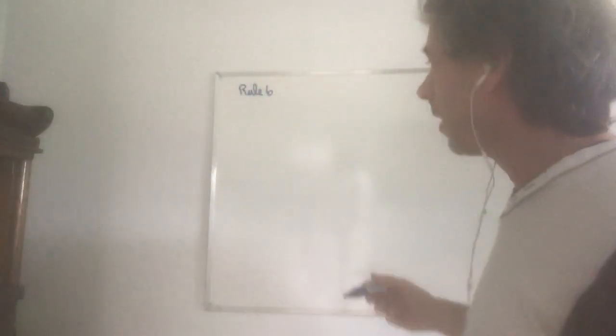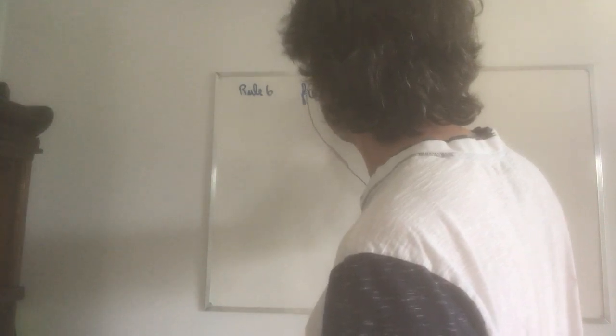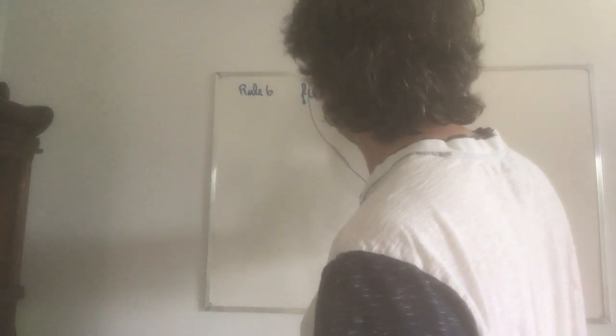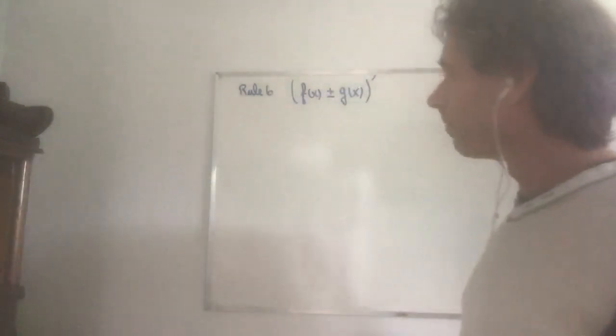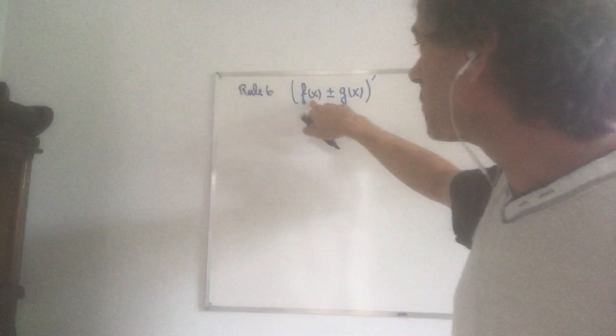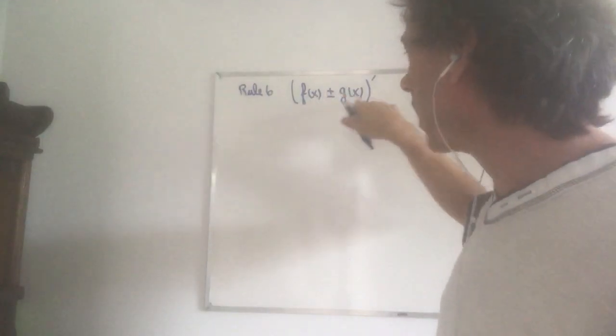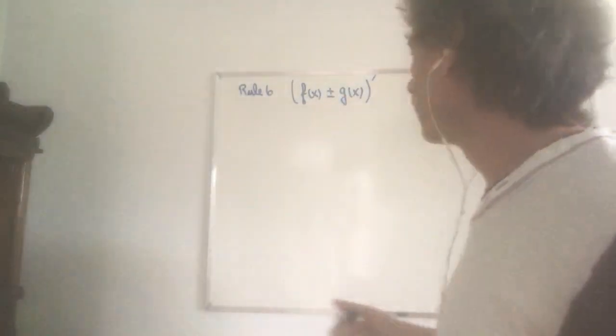Rule number 6. This one is about adding or subtracting, so plus or minus two functions. What is the derivative of something that consists of the sum or the subtraction of two functions?